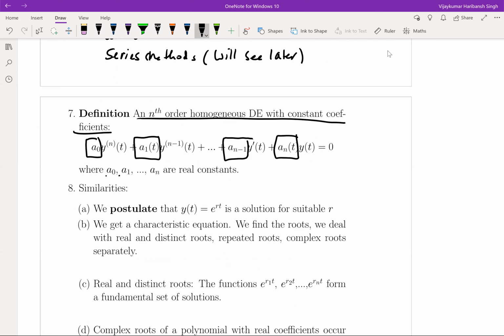Let's go back to what we did for the second order differential equation with constant coefficients. Suppose you had a y double prime plus b y prime plus cy equals 0. You postulated the solution to be of the form y equals e to the rt. You got ar squared plus br plus c equals 0. This was your characteristic equation.